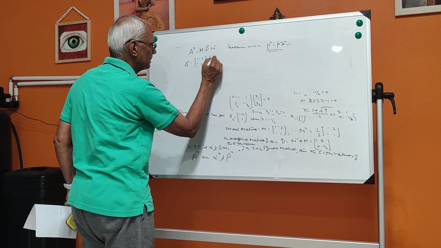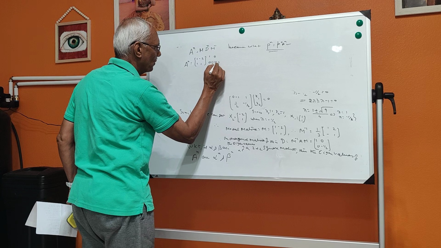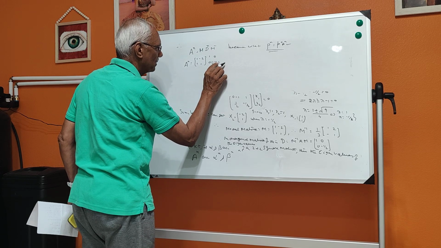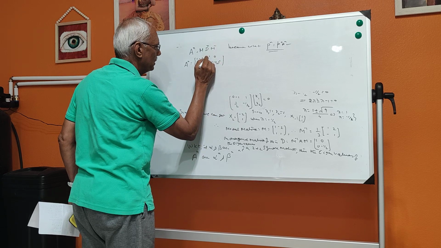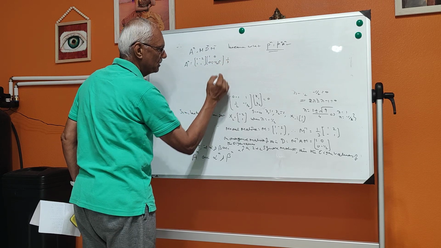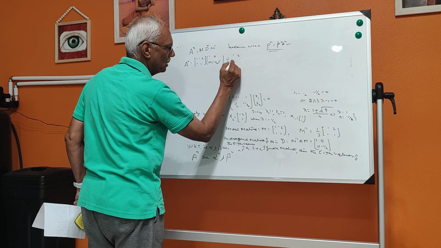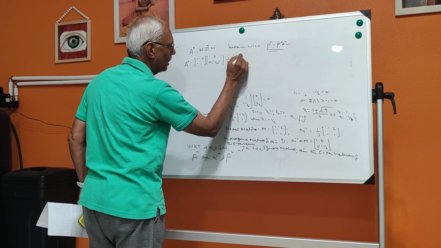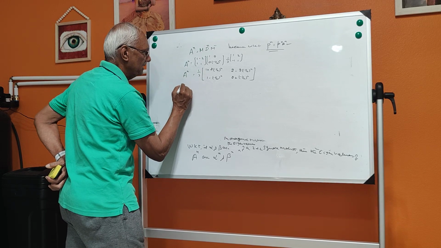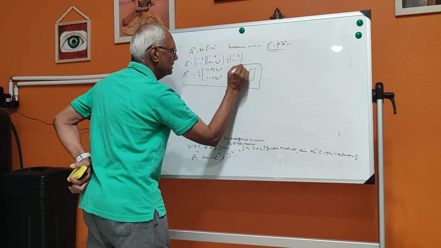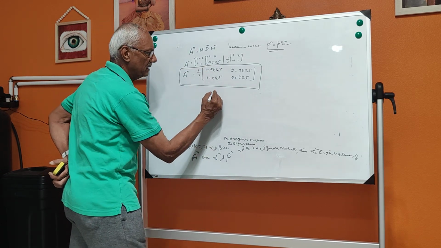It is 1, 0, 0, minus half to the power of n, into 1 by 3 of M inverse, which is 1, 2, minus 1, 1. This is very important, this is the answer for this. So once this is got, we will be able to find the P n.